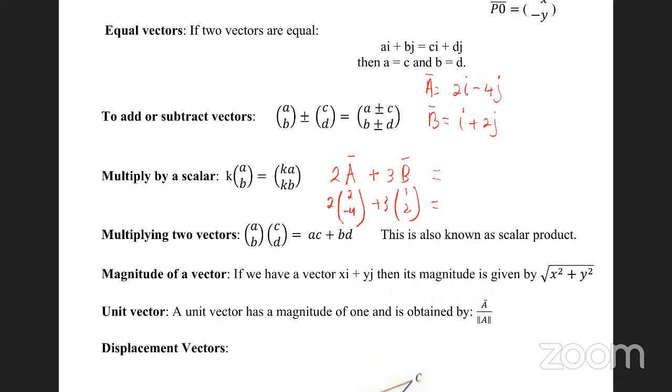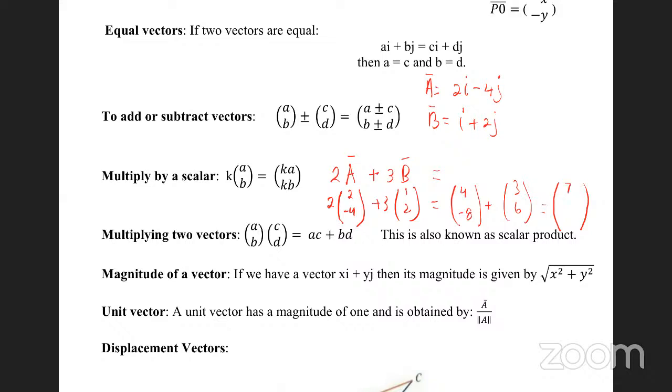All right, so let's see what you got. So 2 by 2, that's 4. Imran, I haven't got your answer yet. 2 by minus 4 is minus 8. 3 by 1 is 3. 3 by 2 is 6. All right, tell me why you're confused now, Imran. Multiplying or adding? Then you add the same positions. 4 plus 3, that's 7.